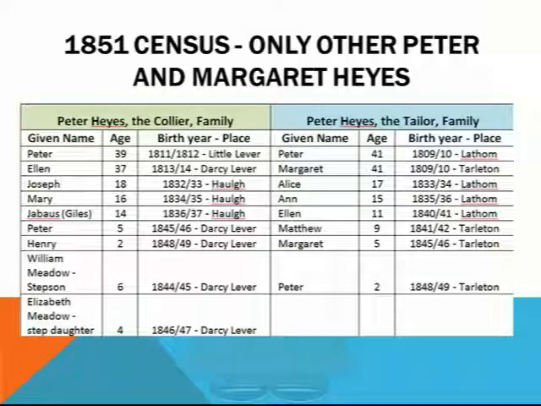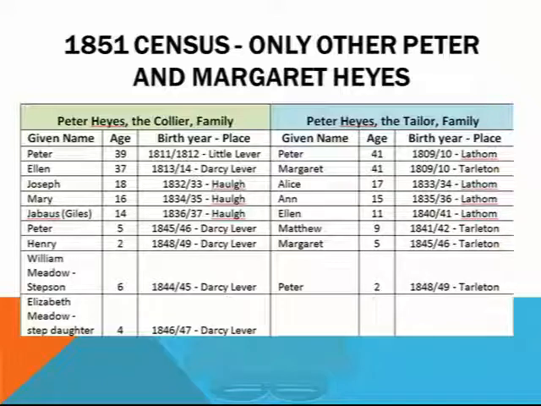If we look at the 1851 census, we see that the first three children of Peter Hayes, the collier, were all born in Haulgh, not sure how to pronounce it, which is in the parish of Bolton le Moors. After his wife Margaret died, Peter remarried Ellen, and they had additional children in Darcy Lever.